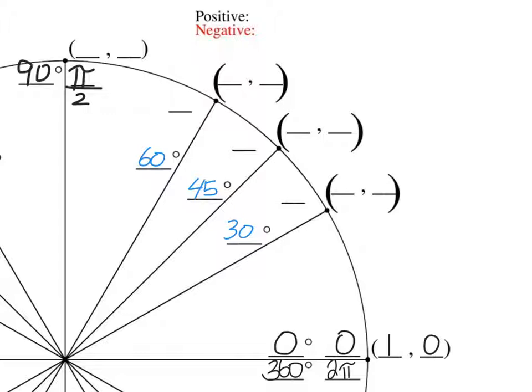And there's a reason for that, because these are the clean ones. 15 degrees, 75 degrees, those are good too, but they're not as clean. Radical 2 over 2 is clean. Radical 6 minus radical 2 over 4, that's not clean, right? It's not as ugly as some disgusting decimal, but it's not a nice looking fraction, right?